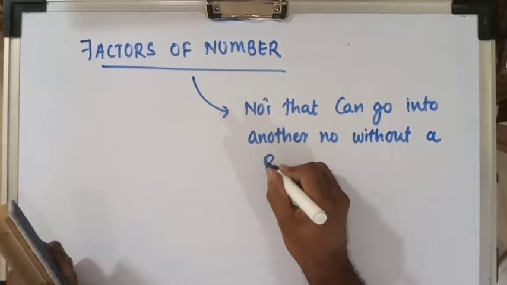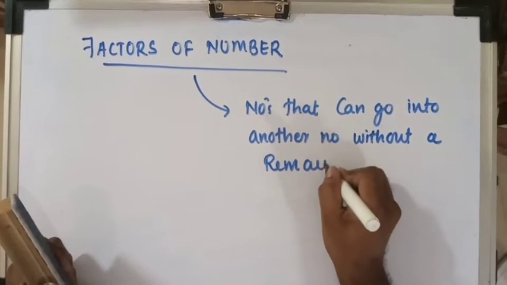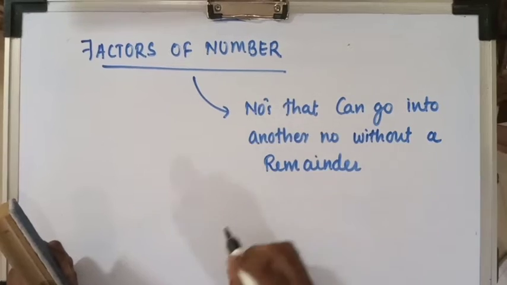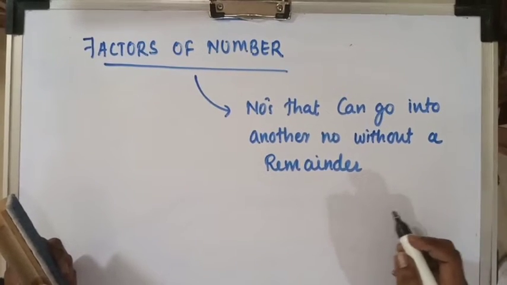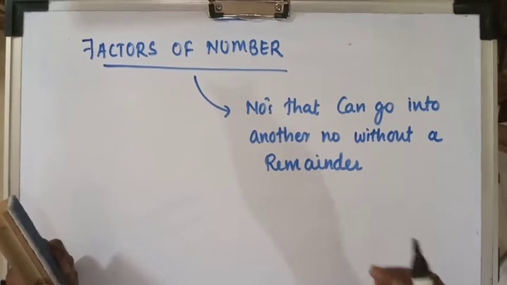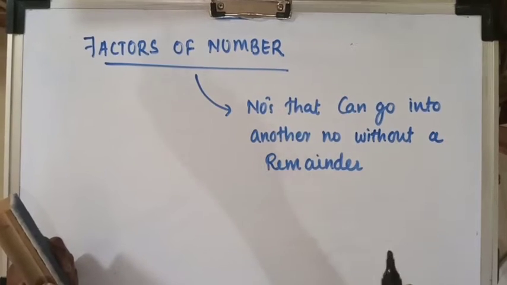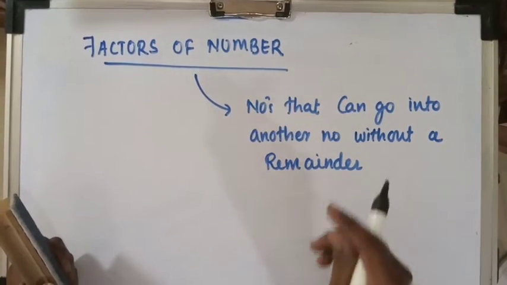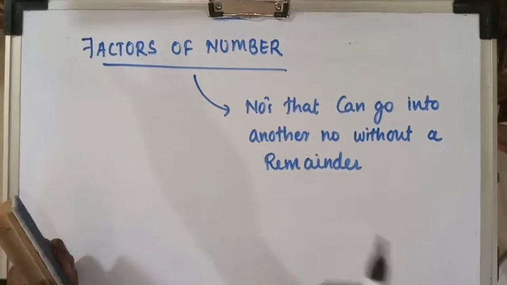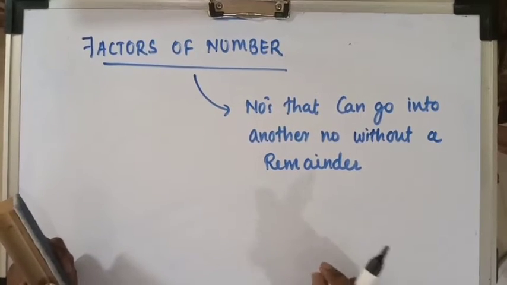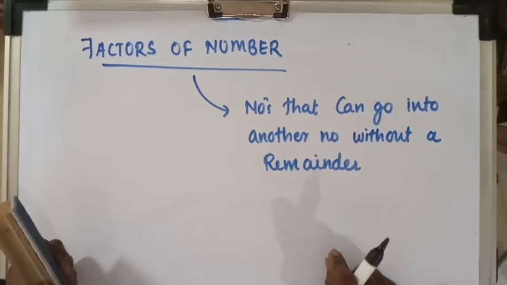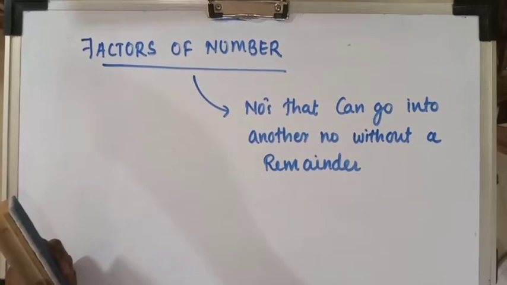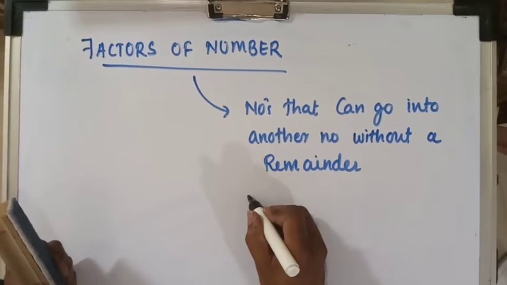That means whenever a number is divided by another number and the remainder is 0, then that number is said to be the factor. That means if there is a dividend and a divisor and the remainder is 0, then the divisor is said to be the factor of the dividend.